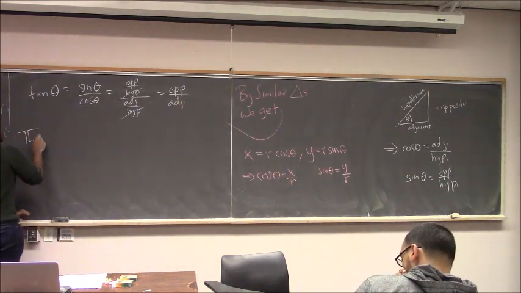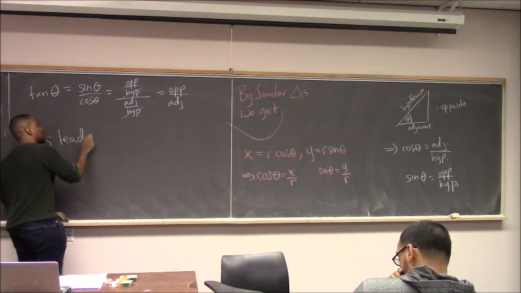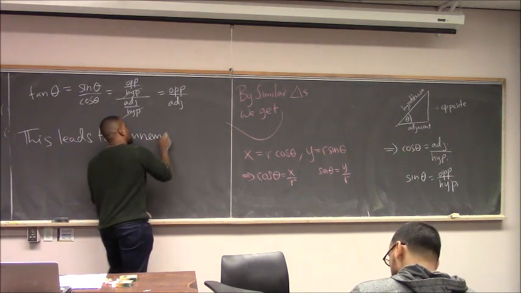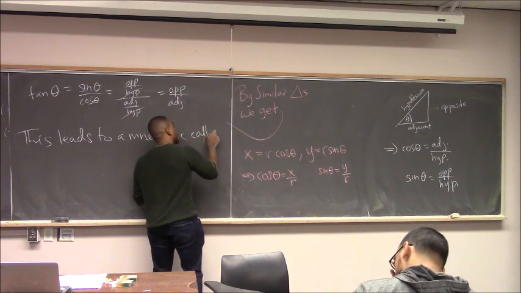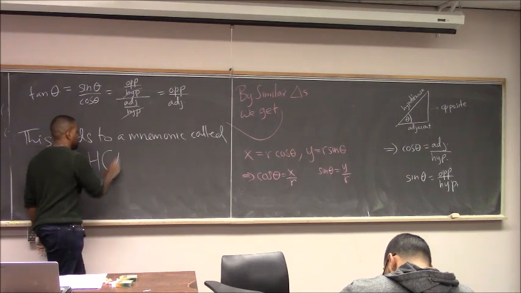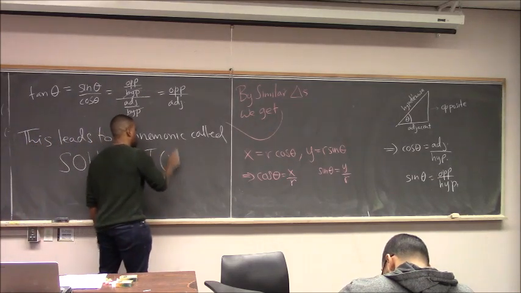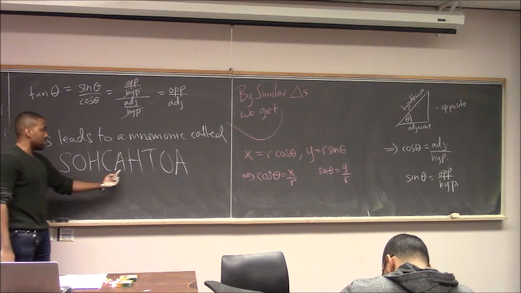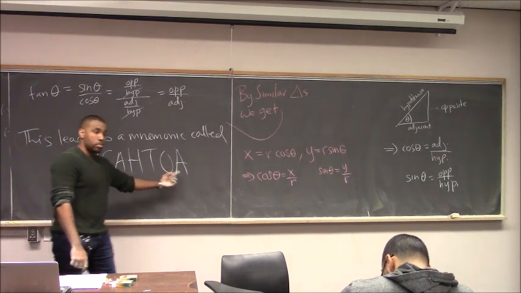This leads to a nice mnemonic that we call affectionately SOHCAHTOH. The sine is the opposite over the hypotenuse, the cosine is the adjacent over the hypotenuse, the tangent is the opposite over the adjacent.